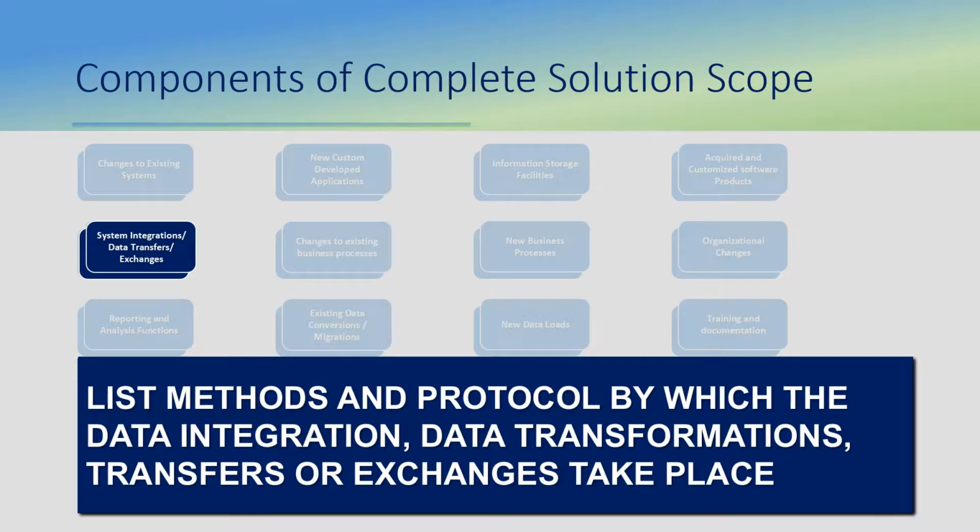The precise method by which the data integrations, data transformations, transfers, or exchanges take place should be listed. The content and format of the data being exchanged, the protocols to be used, and the security to be applied should be defined. If the infrastructural applications required to perform the data integrations, transfers, or exchanges are new, then they should be listed as a member of acquired and customized software products. If existing facilities are being used, their reuse should be stated.